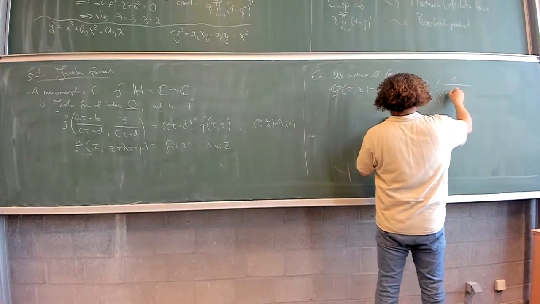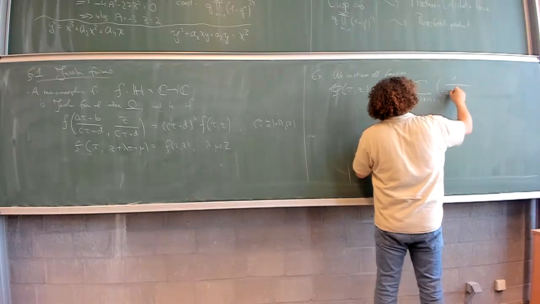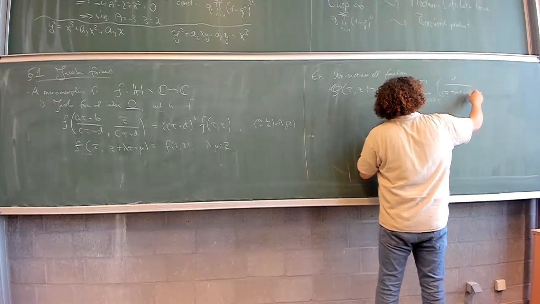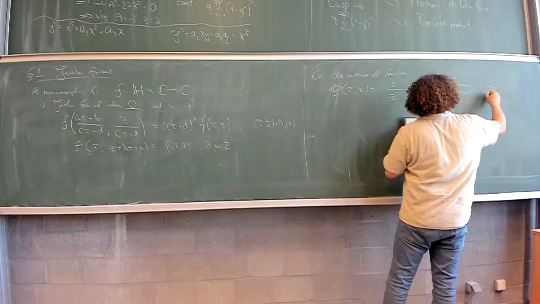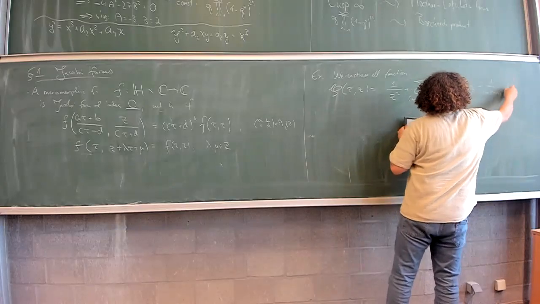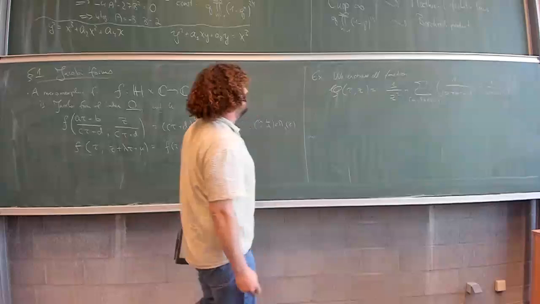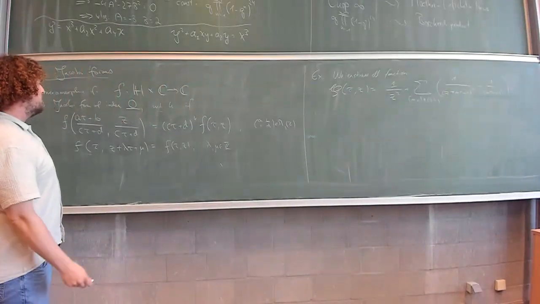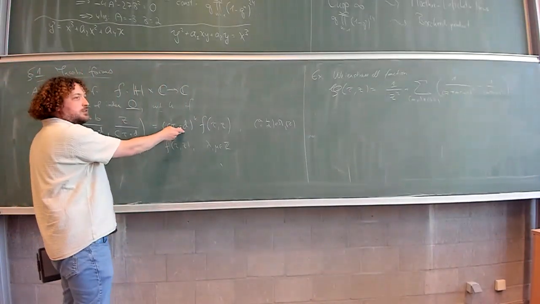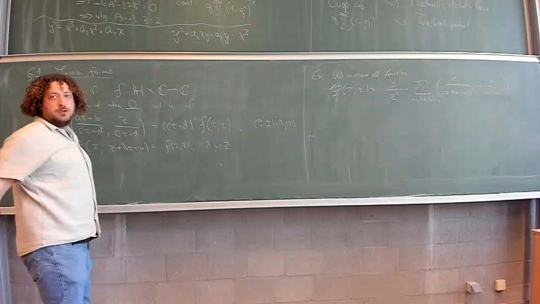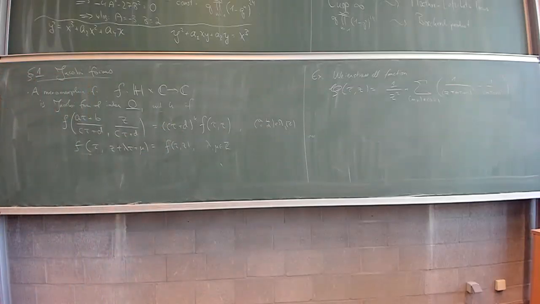This long definition: the sum over n of 1 over (z plus n tau plus n squared) minus 1 over (n tau plus n squared). And this is known to be an elliptic function, and it also satisfies this homogeneous property with weight k equals 2.